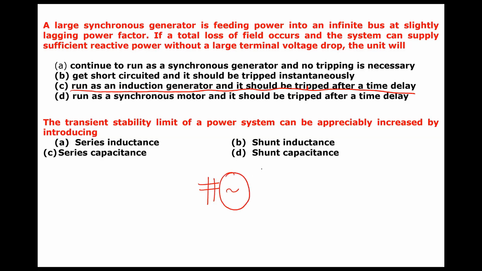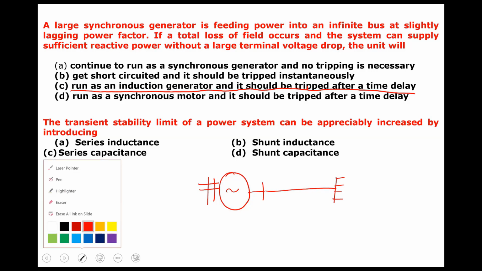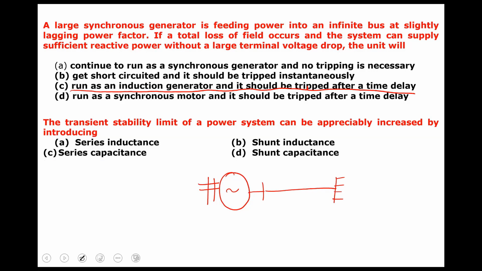Suppose this is a generator and it is connected to the infinite bus bar. In most cases, the generator supplies both real and reactive power to the infinite bus bar. So the direction of real power and reactive power is from generator to the infinite bus bar.